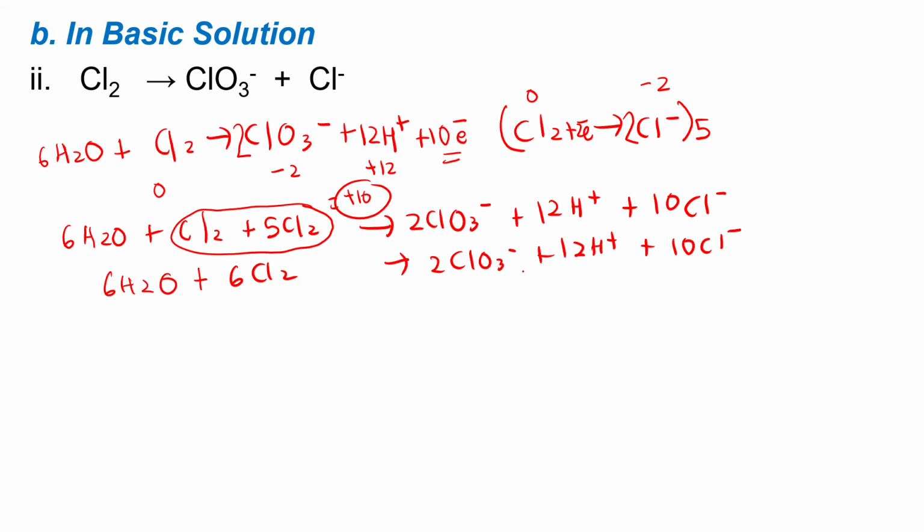Okay, then we need to add H plus OH minus. So we have 12H plus, so we add 12 OH minus right hand side and left hand side. So this one will combine to produce 12H2O.